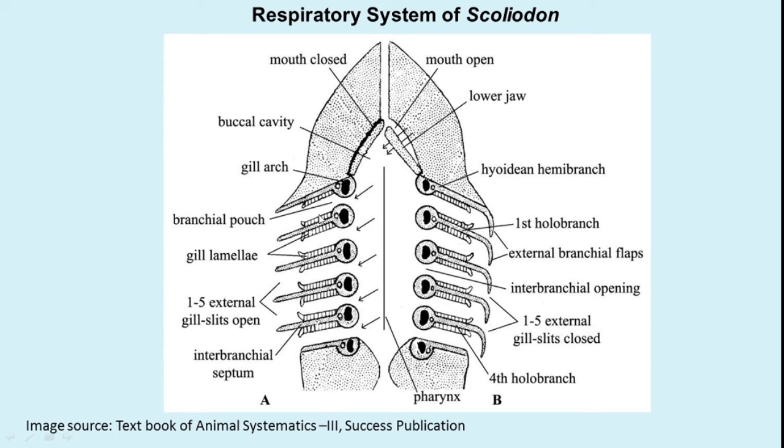Why? Because it has gill lamellae on both the side. When only one side of the septum is going to bear the gill lamellae, it will be referred to as the half or hemi-branch or demi-branch, right? So this one is a hemi-branch or demi-branch because only one side of it is going to contain the gill lamellae.